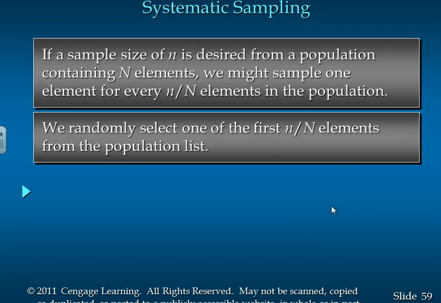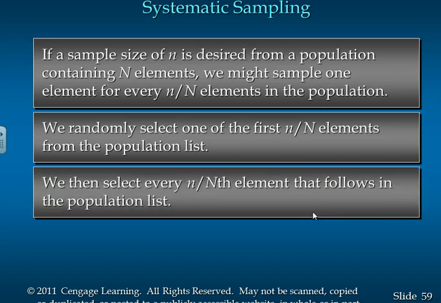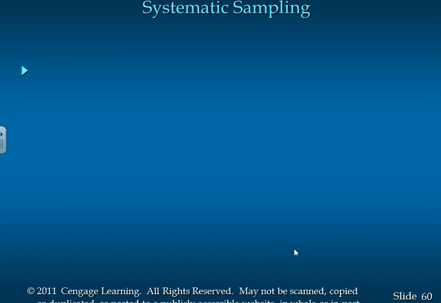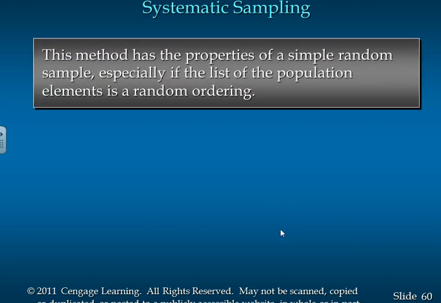We randomly select one element first from the population list, and then we select every N divided by nth element following on the population list. So I have to have a population list to begin with to do systematic. If I can do that, all the voters in Potawatomi County, that's both of them, right? So that'd be a pretty short list. No?